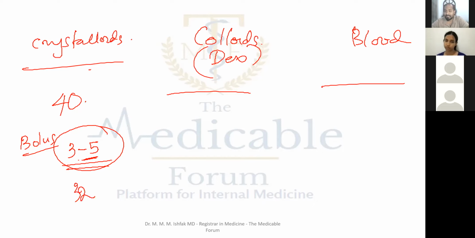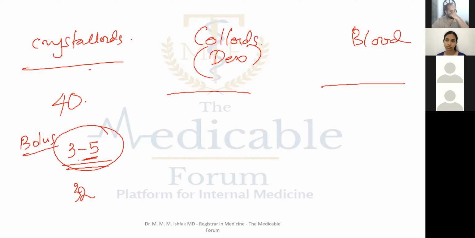Obviously the drop is not due to the bolus, because a bolus will drop it only 3 to 5. Together with leaking, there is bleeding going on. So although you are giving fluids, which will drop the PCV, there is an ongoing bleed which is further dropping the PCV. If the PCV drop is beyond the normal drop of that particular fluid, you need to suspect bleeding. This is the most important point you have to understand.